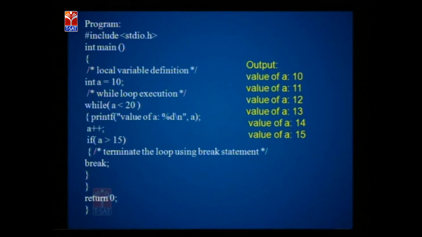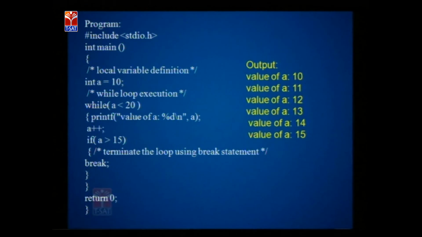The other condition given is that if a is greater than 15, we need to terminate. As it is a break statement under the loop statement, at the point of 15 the break has to occur, which means the value of a will be printed till 15, because the break is given after 15. So 16, 17, 18, 19, which would be the values inside the loop, will be broken off, and the loop stops, and then the further process continues.